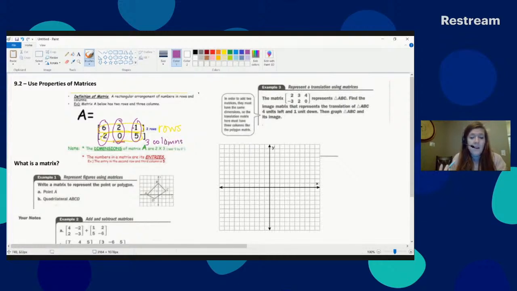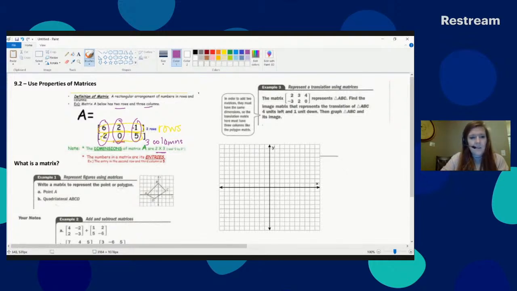Understanding the size of a matrix is the first important thing. A matrix is just a rectangular arrangement of numbers in rows and columns. This particular matrix has two rows and three columns, so we would call this a 2 by 3 matrix. We name the number of rows and the number of columns, and that's what size our matrix is.